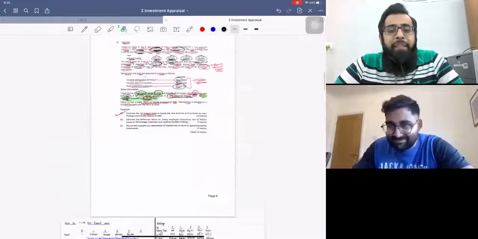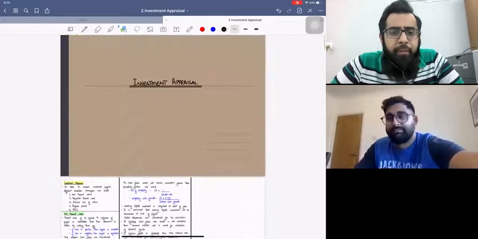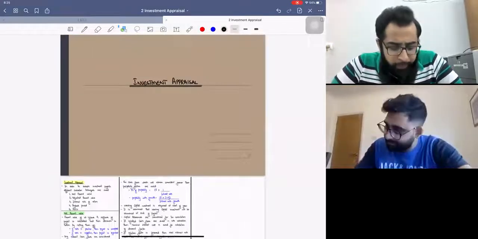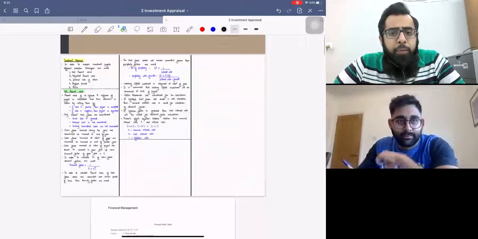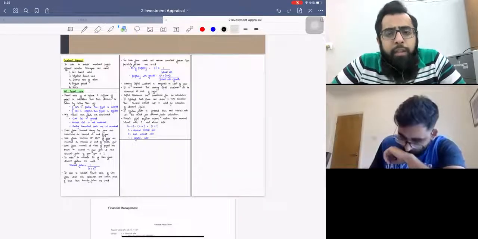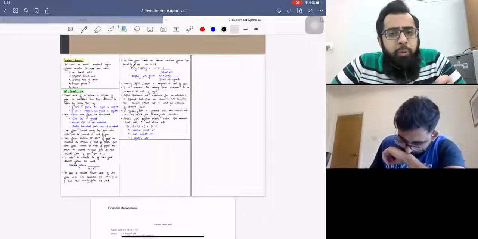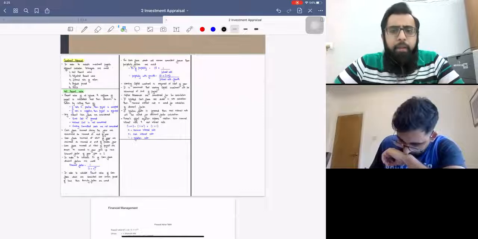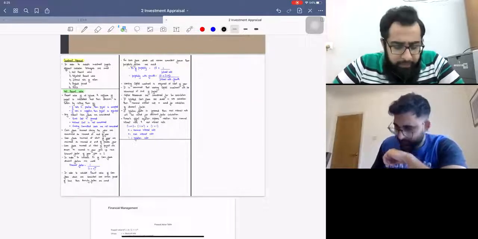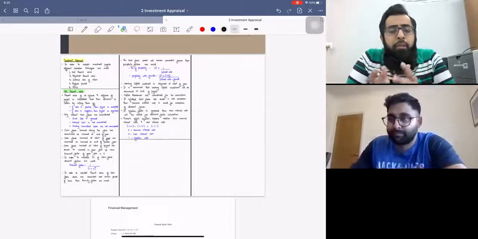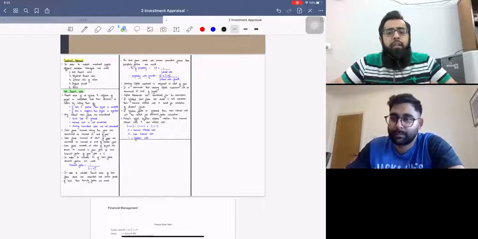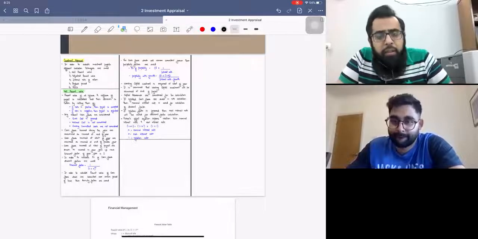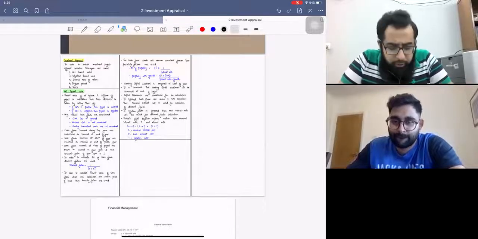So in the previous class, we started our discussion on investment appraisal. And we discussed that there are different techniques for doing investment appraisal. One of the techniques was net present value, which is usually one of the basic methods. We discussed some basic things, that is, the assumptions of NPV relating to the cash flows during the year, cash flows incurred at the start of the year, capital allowance issues, working capital issues.